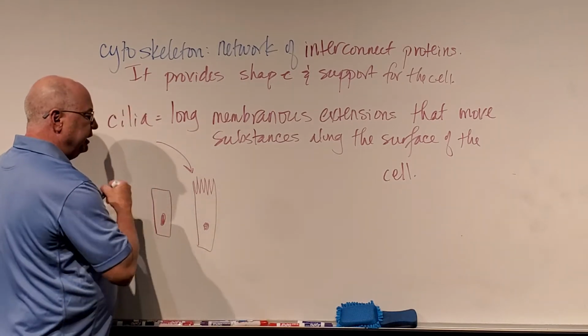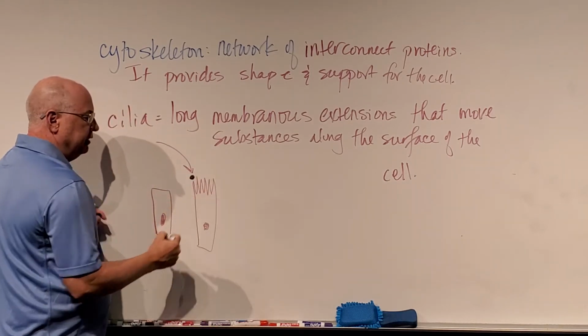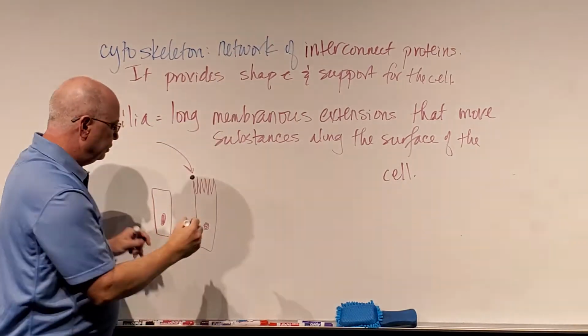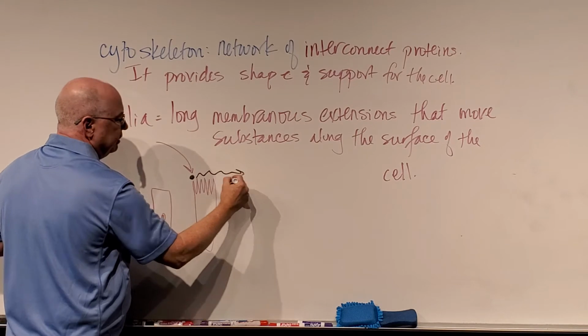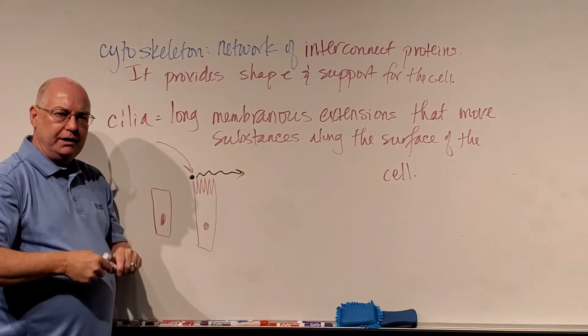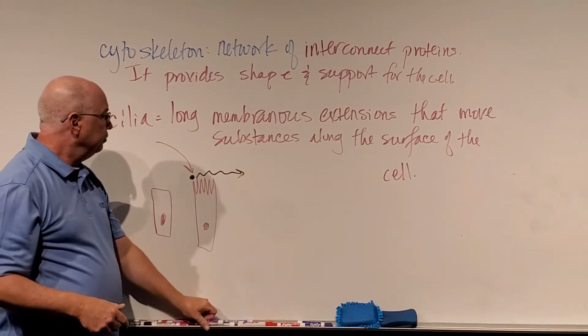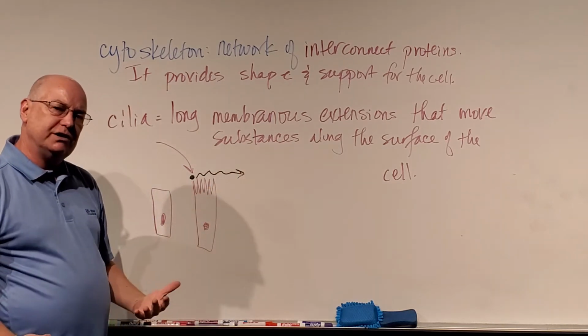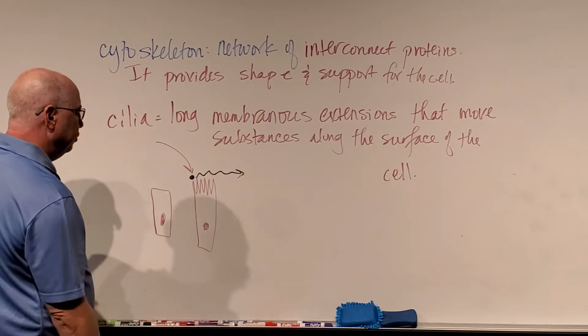So if some debris bumps into the cell here, as the cilia are flapping around, they can push this substance all along the surface of the cell and move it to another area of the body where we can get rid of it. So they're long membrane extensions that move substances along the surface of the cell. Okay? That's what you need to know about cilia.